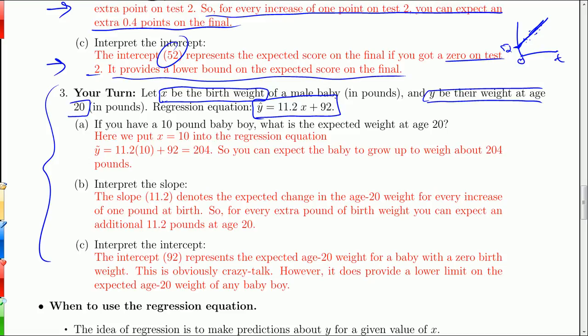If you have a 10-pound baby boy, what is the expected weight at age 20? Well, we take x equals 10, put it into the regression equation, and we get 204. So if you have a baby that weighs 10 pounds at birth, you can expect that baby to grow up and weigh about 204 pounds by age 20.